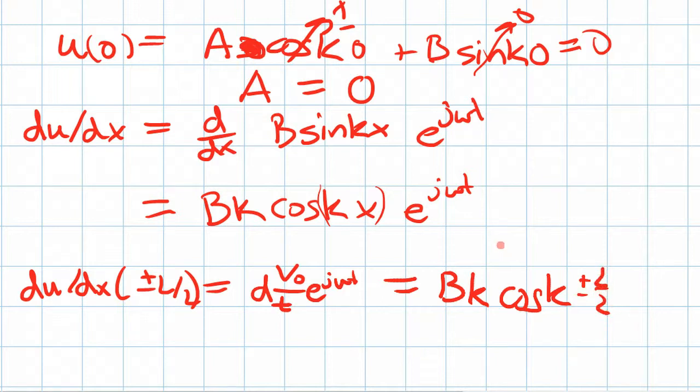Since it's a cosine, and cosine of plus and cosine of minus are the same because it's an even function, we can just write L over 2. The e^(jωt) is there and will cancel out here.